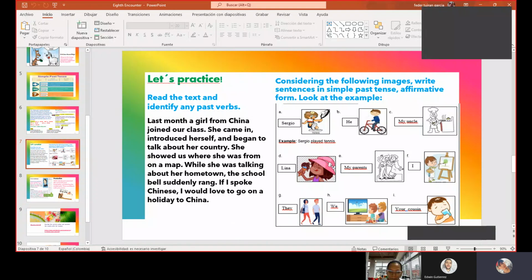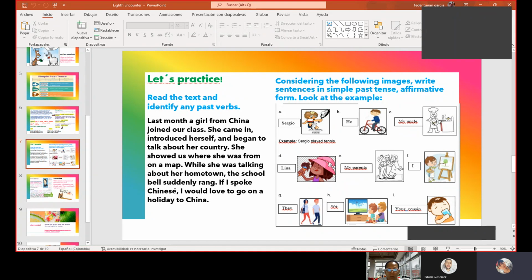Last month, a girl from China joined our class. She came in, introduced herself and began to talk about her country. She showed us where she was from on a map.